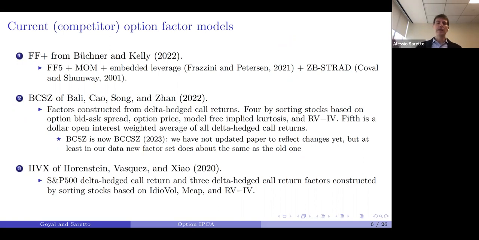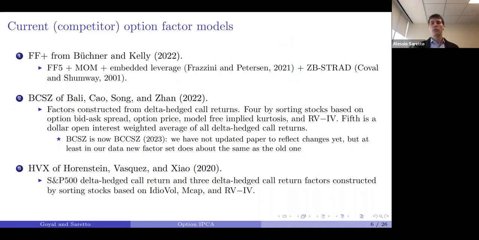Now, as I said, there are two versions of this paper that are both relatively recent. The one that Turan presented a couple of months ago has slightly different factors. There is a new factor, and one of them is a little bit different. They only used to have a spread for implied kurtosis. Now they have a spread between realized and implied kurtosis, and they added a spread between realized and implied skewness.